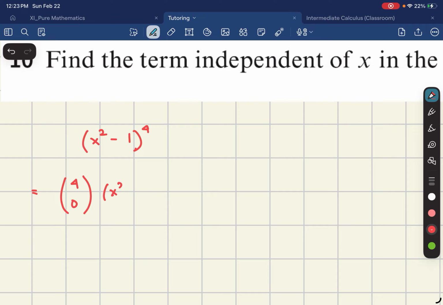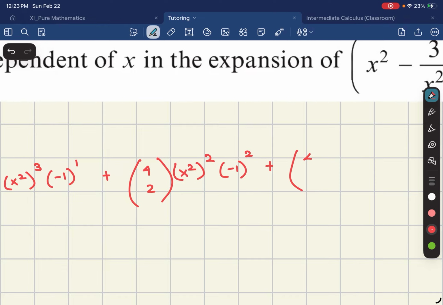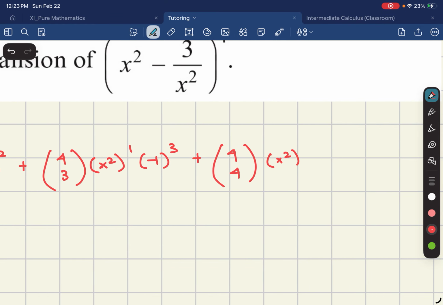So we have 4C1, x squared will have to be raised to 4 minus 1, 3, minus 1 to the first power, plus 4C2, x squared will be raised to 2, 4 minus 2 is 2, and minus 1 will be raised to 2, plus 4C3, x squared will be raised to 1, 4 minus 3 is 1, and minus 1 will be raised to 3. And finally, 4C4, we have x squared raised to 0, which is just 1, and minus 1 will be raised to 4.